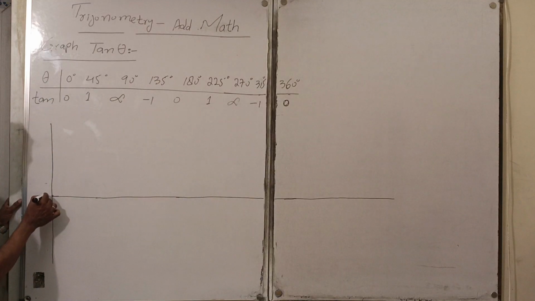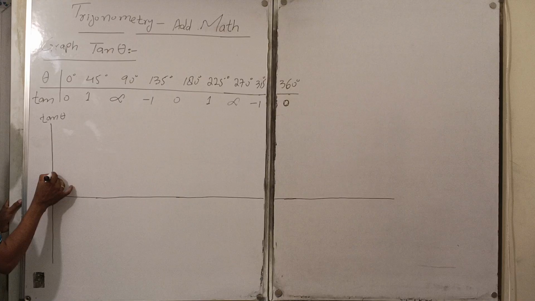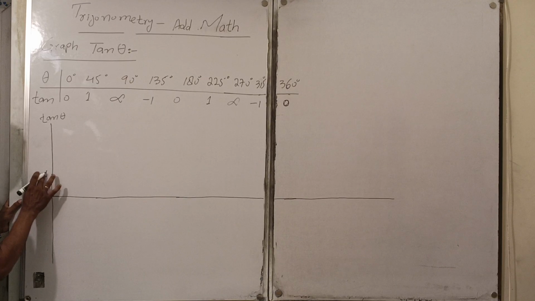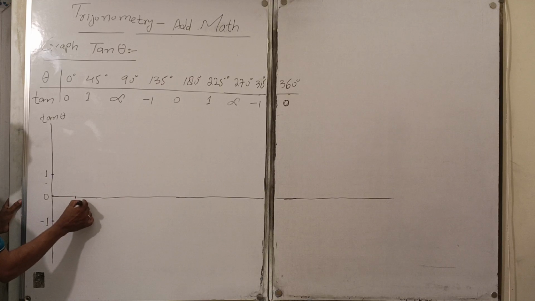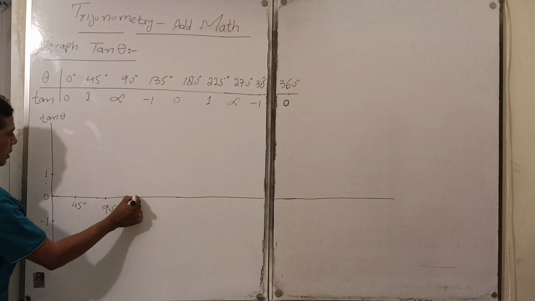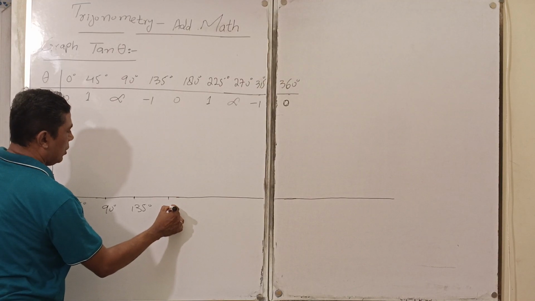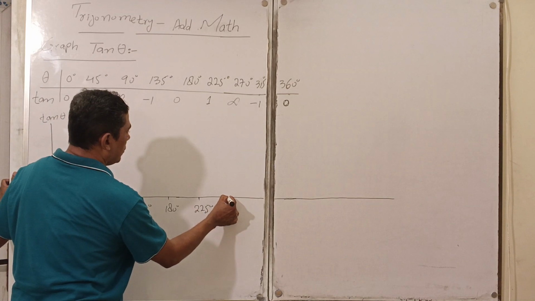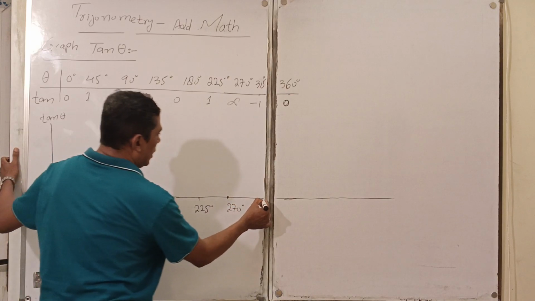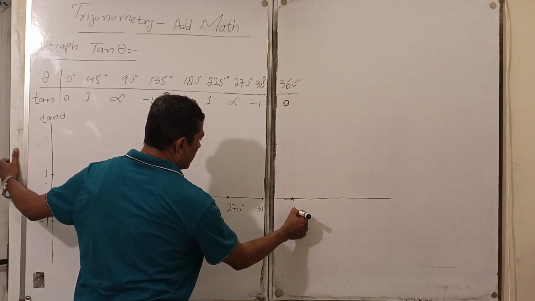Tan theta, the first one, for example plus 1 and minus 1, and this one is 0, and so on: 45 degrees, 90 degrees, 135 degrees, 180 degrees, 225 degrees, 270 degrees, 315, and so on, 360 degrees.